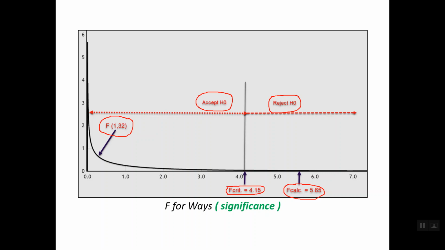So for the first factor, we reject the null hypothesis, which states that the mean for the first way is the same as the mean for the second way. We accept the alternative one, which means that the two means for this factor are not the same. So we have a significance for the first factor.